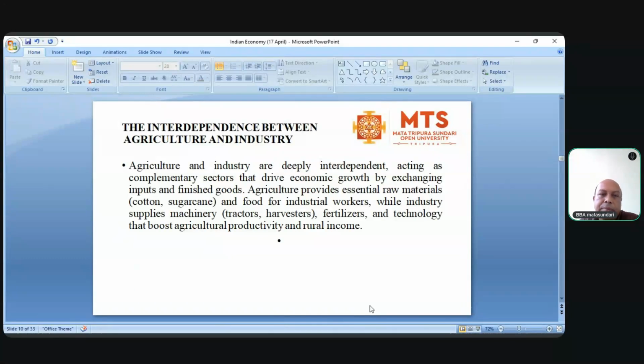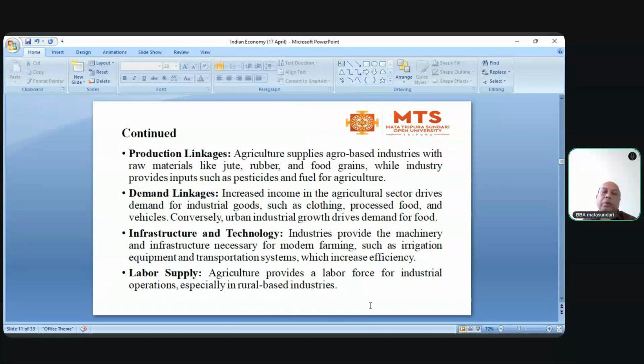So in this way, the final product from the agricultural sector shifts to the industrial sector, and the final product from the industrial sector shifts to the agricultural sector. So both sectors are interdependent on one another. Many times, if recession happens in the agricultural sector, then it negatively affects the industrial sector also. So how are they interconnected? I put here some points.